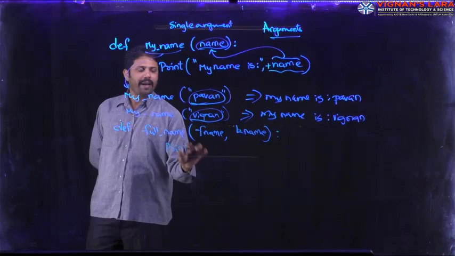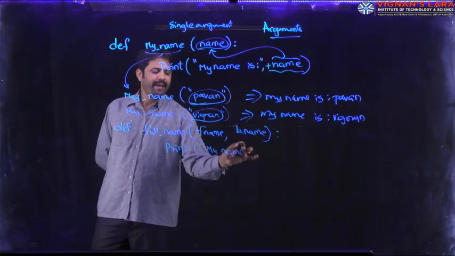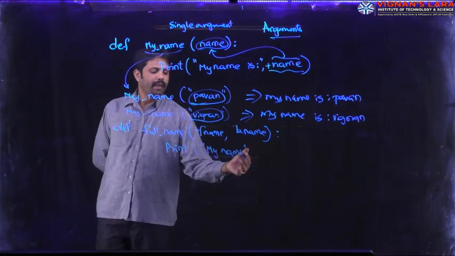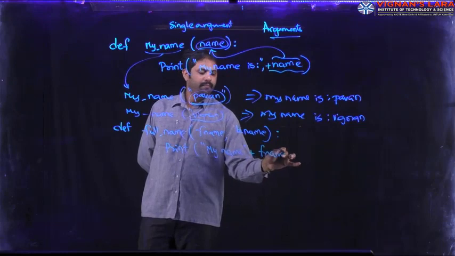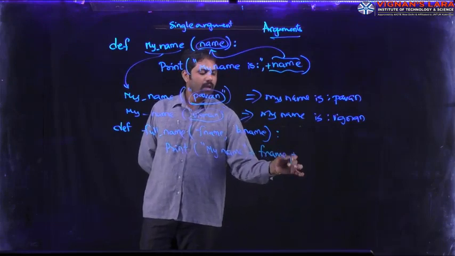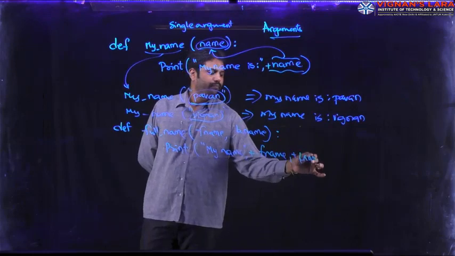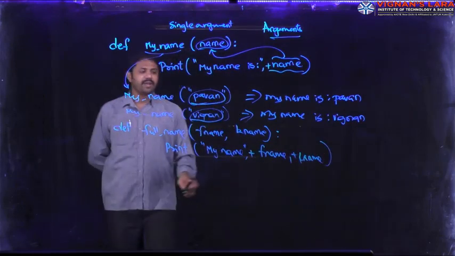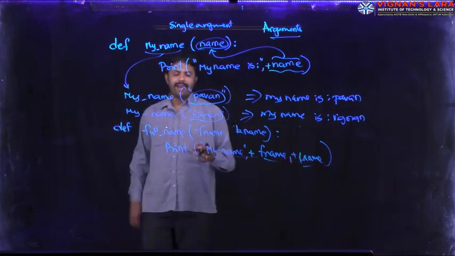Next, print my name is, F name, plus comma plus, L name.